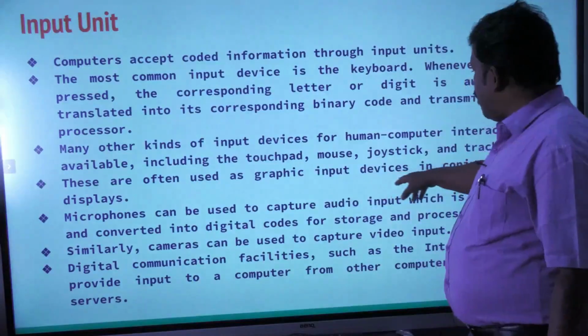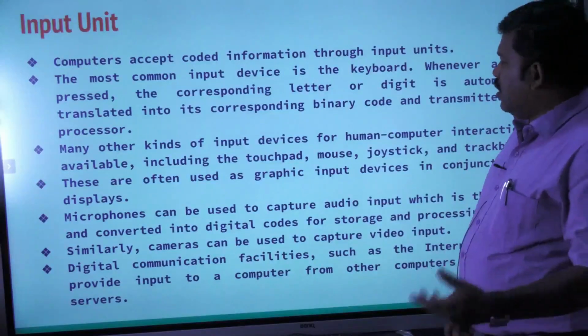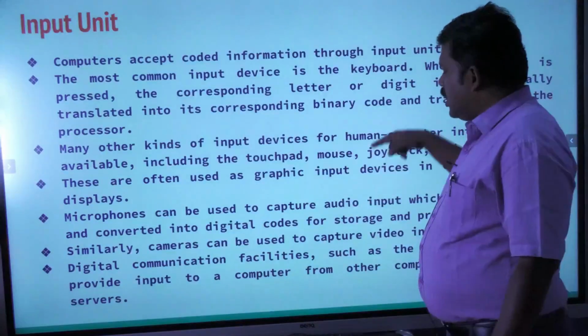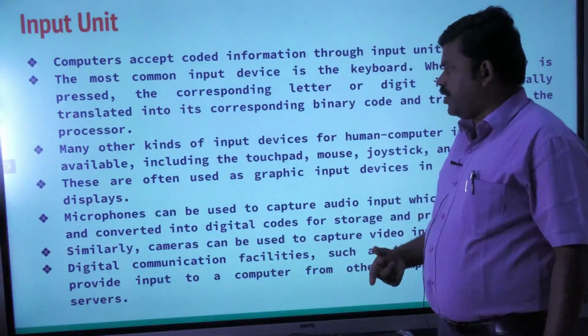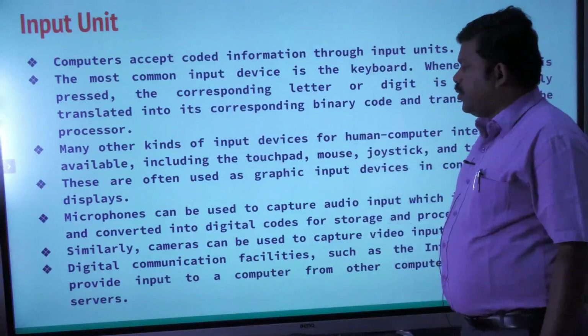These are often used as graphic input devices in conjunction with the displays, because modern computers all come with a graphical user interface. So these devices help the graphical user interface, through which we can interact with the CPU.